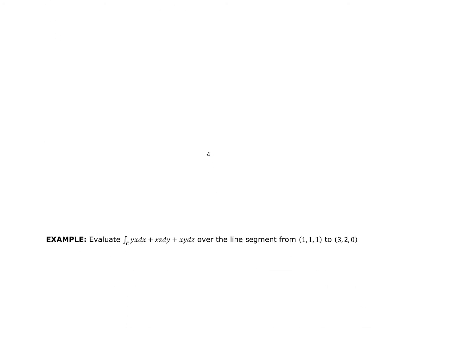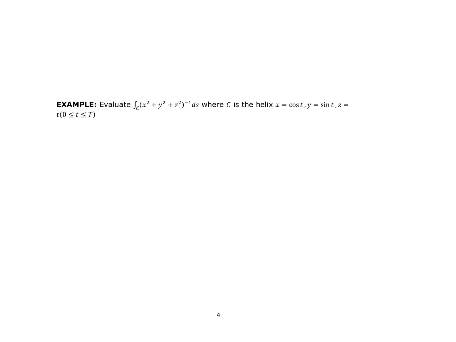And this one is also slightly different because it's asking me for the scalar line integral of xy dz, xz dy, and xy dz. So each one of them is presented slightly differently, but they're asking me to do the same thing, which is find the scalar line integral.